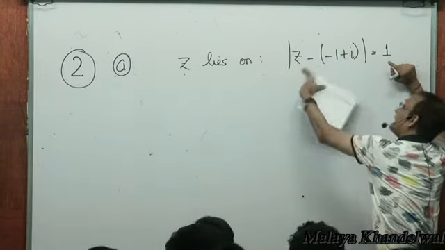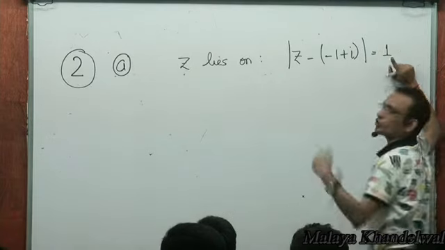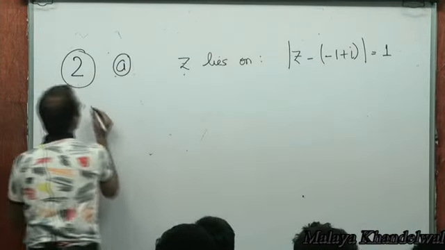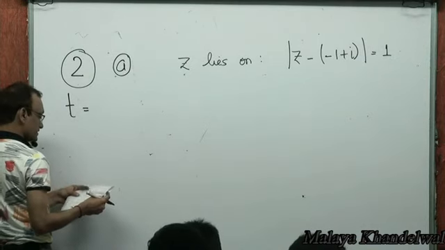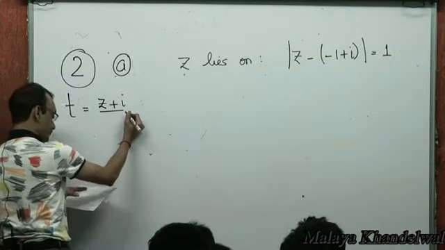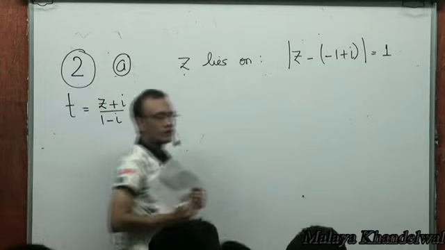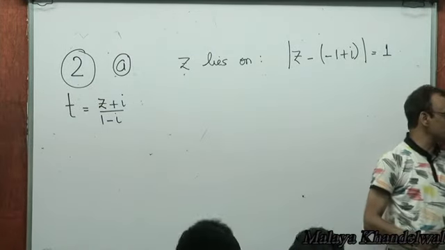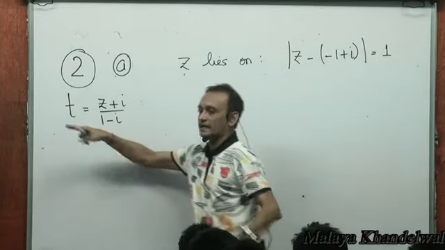For every z lying on the circle, we create another complex number t, which is z plus I by 1 minus I. So for every z, there is a t created.